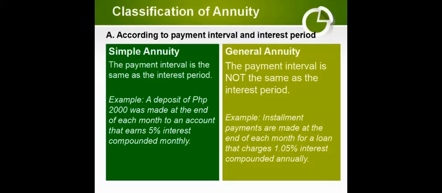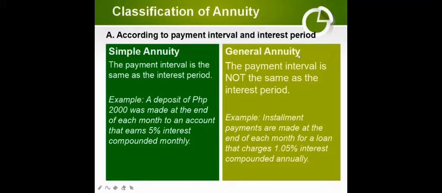So, yung payment natin monthly, pareho lang yung interest niya. So, pag sinabi mong monthly ang payment, the interest will be also compounded monthly. Example here, a deposit of 20,000 pesos was made at the end of each month to an account that earns 5% interest compounded monthly.